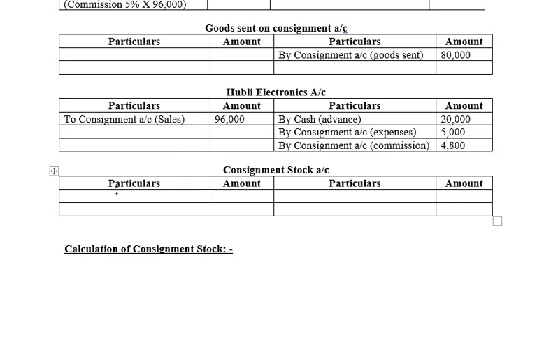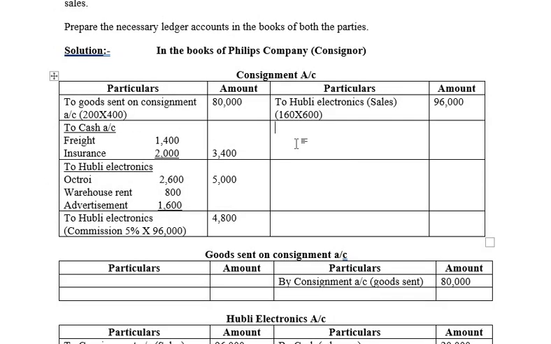So let's go to consignment stock account. Consignment stock account debit to consignment account. And what is the balance? How much will be the balance? 17,200. That is what we had calculated just now. All right, so there is no entry which is to be passed over here. Let's put the second half of the entry in the consignment account.